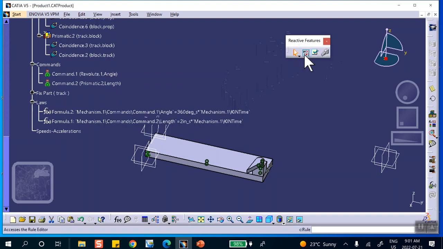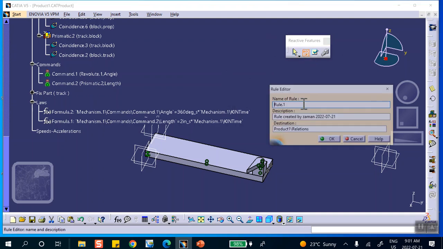If you look at the second icon to the right, and if you have good eyesight, you see that there is something that says if X braces Y. Programming. So you want to write a program. You click on it. This is called the rule editor. It asks, what do you want to call the rule?